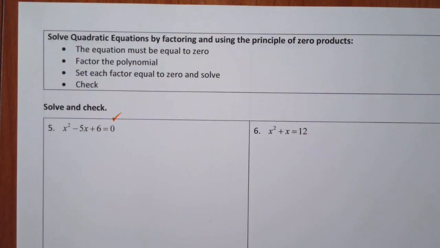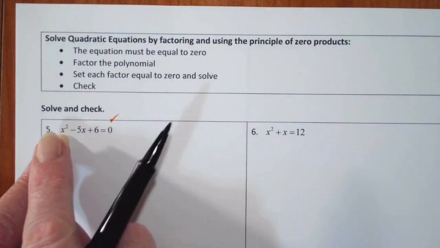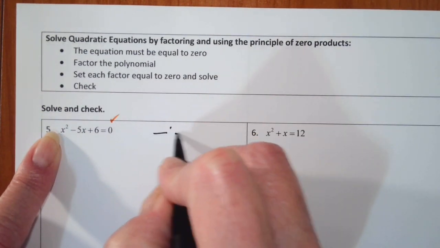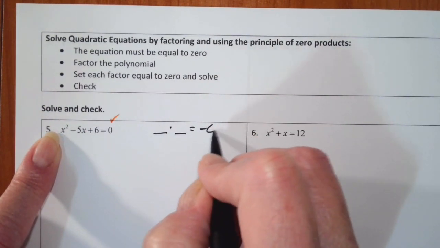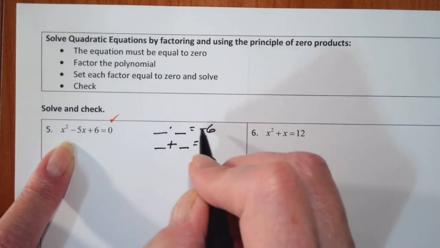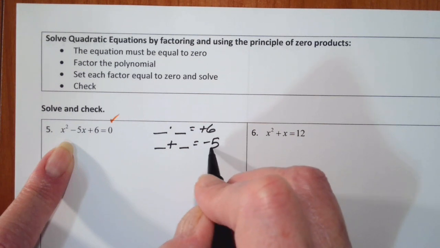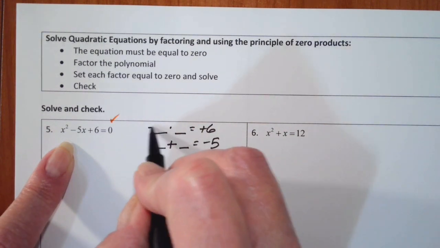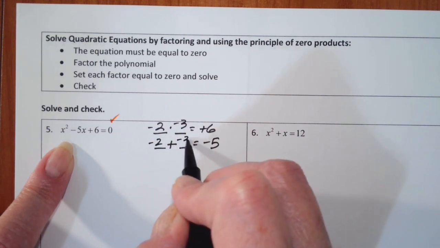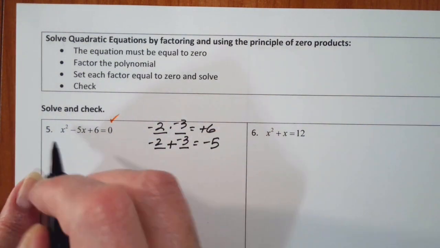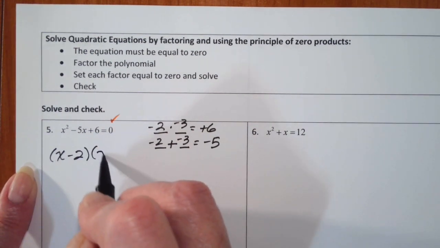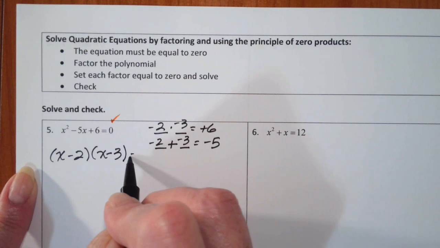Now I'm going to factor it, which means since my leading coefficient is 1, I'm looking for two numbers whose product is negative 6 and whose sum, that's positive 6 and negative 5. And that is negative 2 and negative 3. So this factors into (x minus 2) times (x minus 3) equals 0.